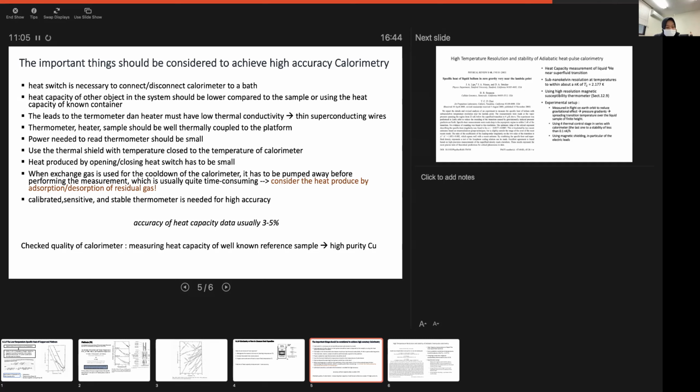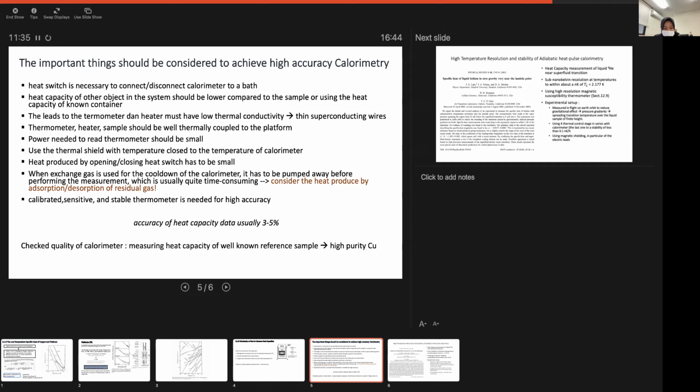Also, the heat produced by opening or closing the heat switch should be small so that it doesn't affect the measurement. And when exchange gas is used for cooling down the calorimeter, this gas should be pumped away before we do the measurement.